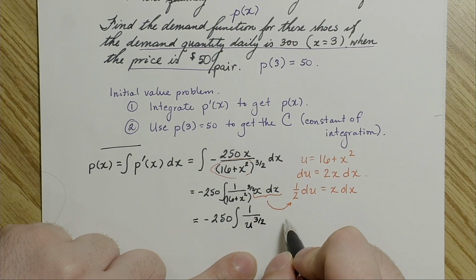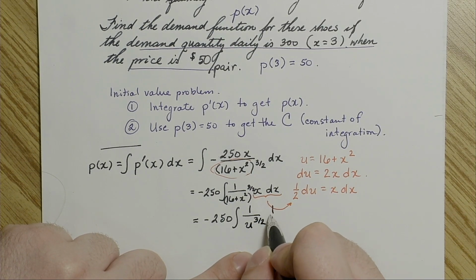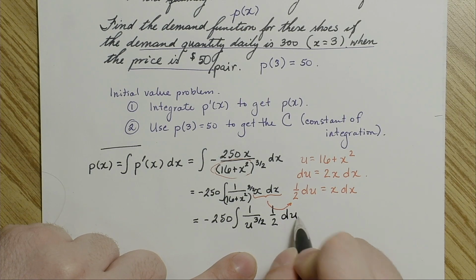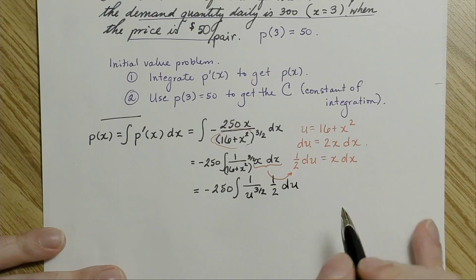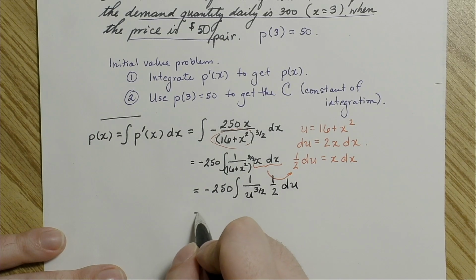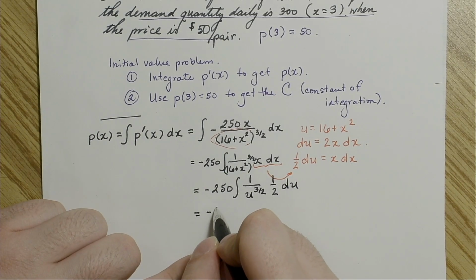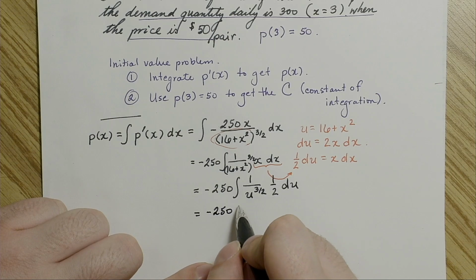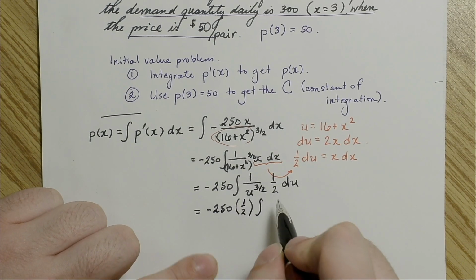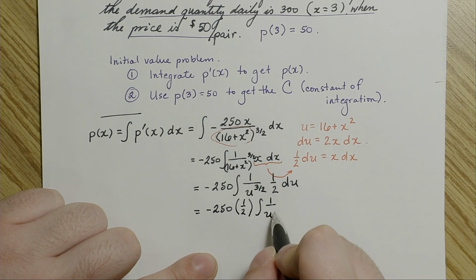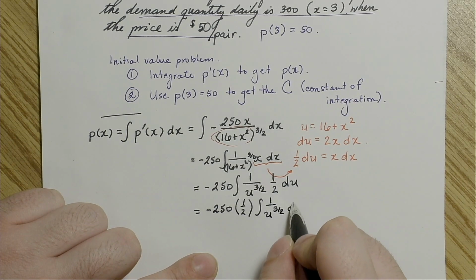The x dx is equal to 1/2 du. And that's just a constant here, so I can pull that out. So I get minus 250 times the 1/2, and I have the integral of 1 over u to the 3/2 du.